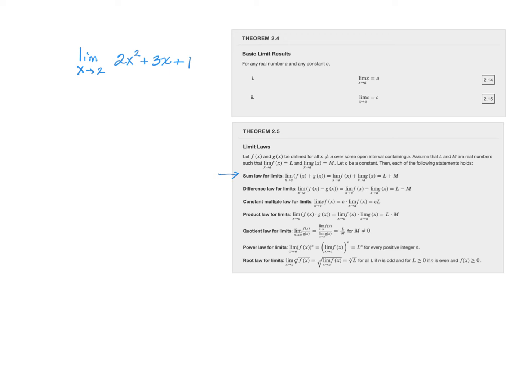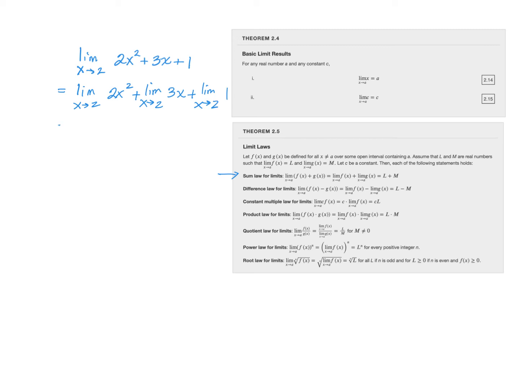So we could write this as the sum of 3 limits: the limit as x approaches 2 of 2x squared, plus the limit as x approaches 2 of 3x, plus the limit as x approaches 2 of 1.